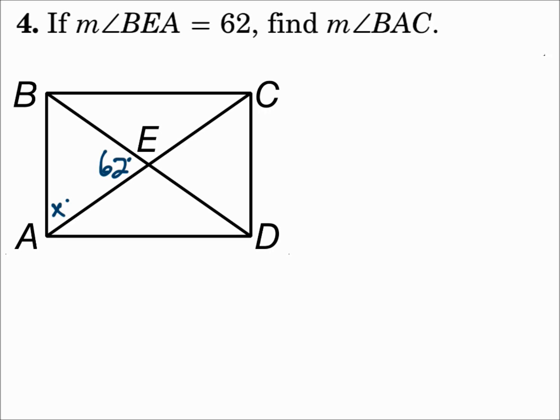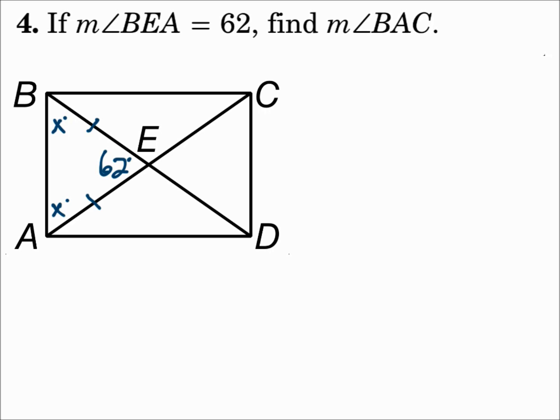If you recall that a rectangle has all 4 of the diagonal halves congruent, that means that those 2 sides are congruent, which makes this an isosceles triangle. Since the base angles of an isosceles triangle are congruent, then the measure of angle ABD is the same as the measure of angle BAC. Those 2 angles are the same in a rectangle.